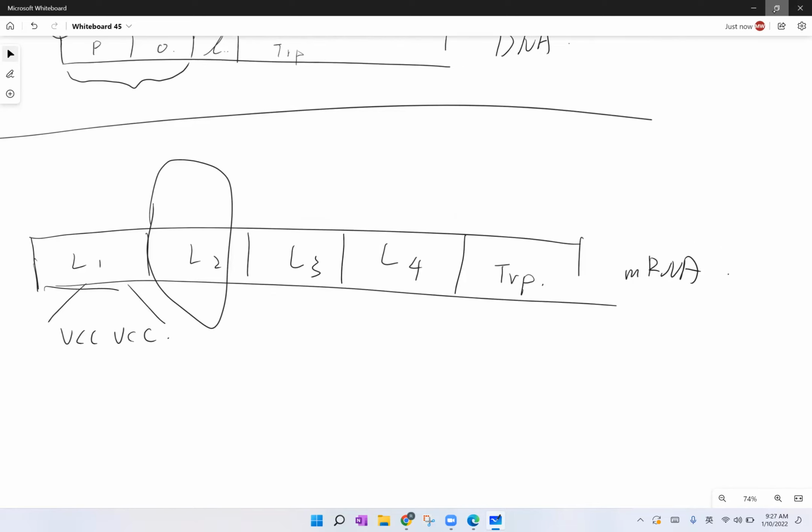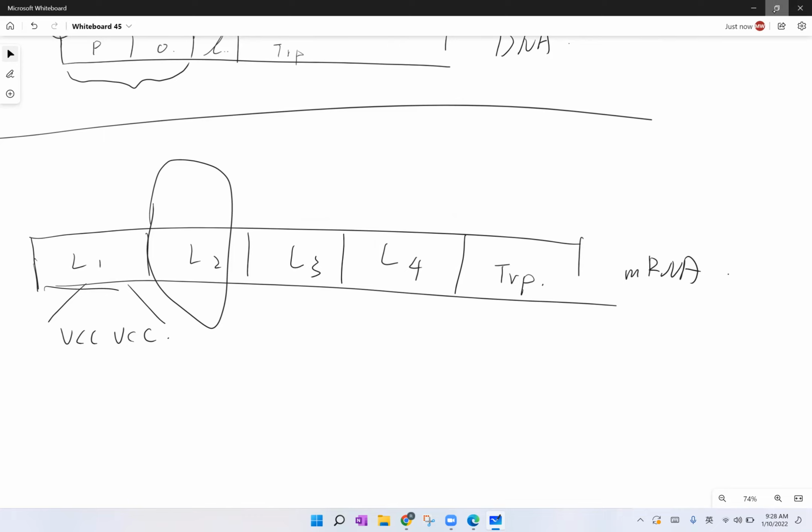What's so special about RNA compared with DNA? It's single-stranded, right? So what does that mean if something is single-stranded? It's extremely unstable, right? Yeah, makes sense?